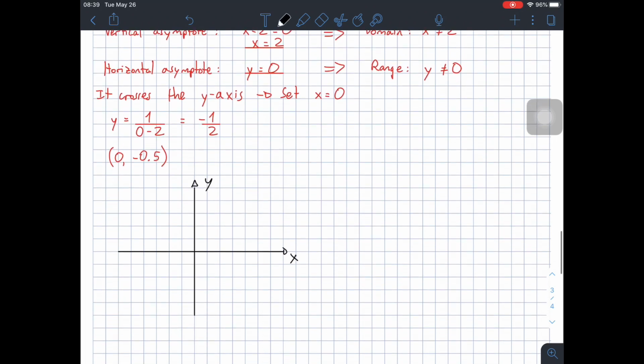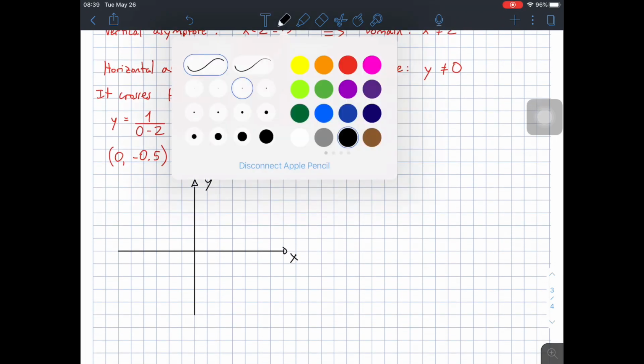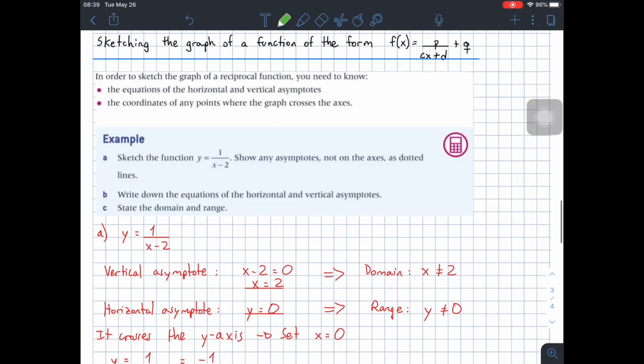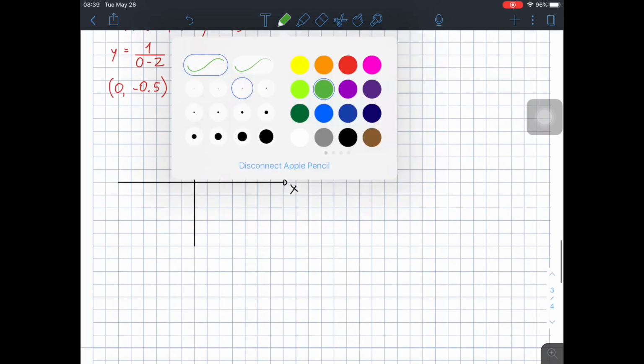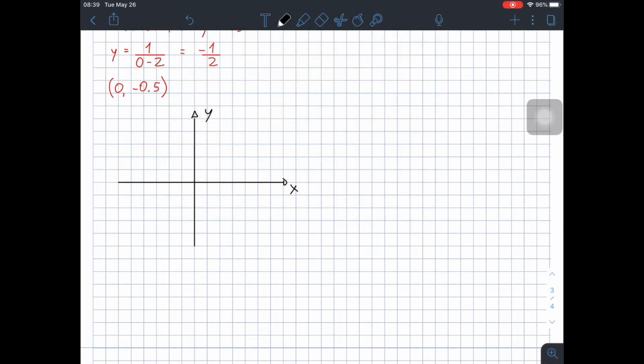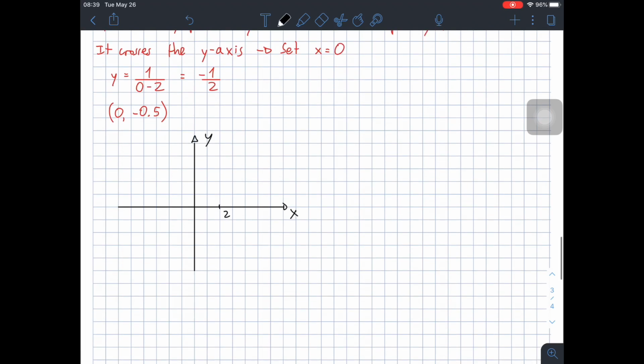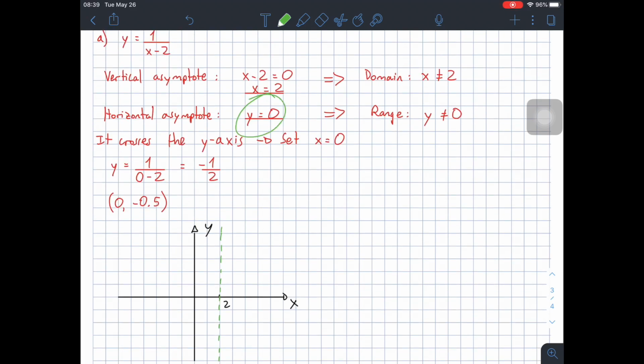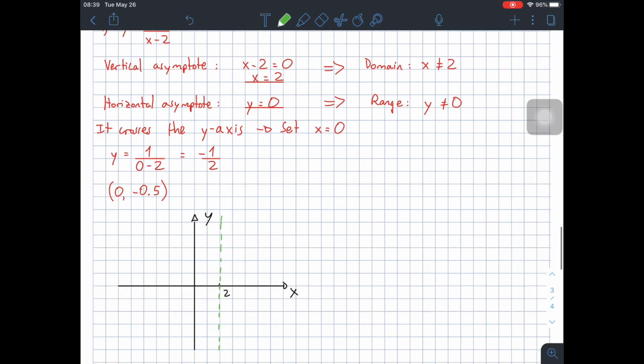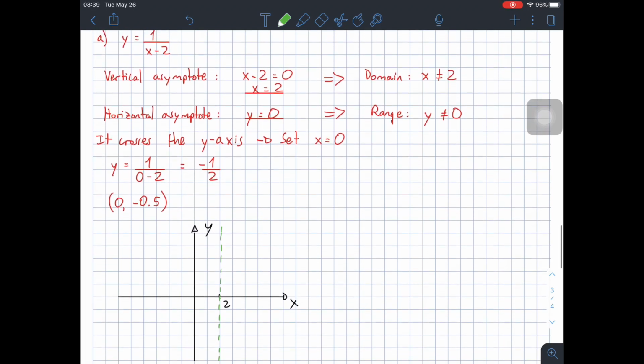The vertical asymptote is at x equals 2. So with dotted lines, because the exercise asks to mark them as dotted lines, I'm going to mark the vertical asymptote at x equals 2. So I'm going to say that 2 is right here. The horizontal asymptote is at y equals 0, right? Which is the x-axis basically. So I don't need to mark that as an asymptote.